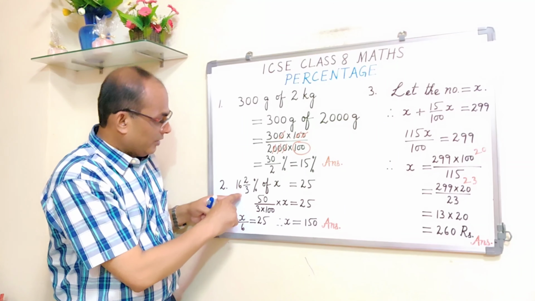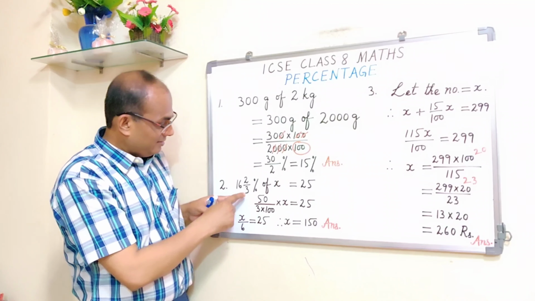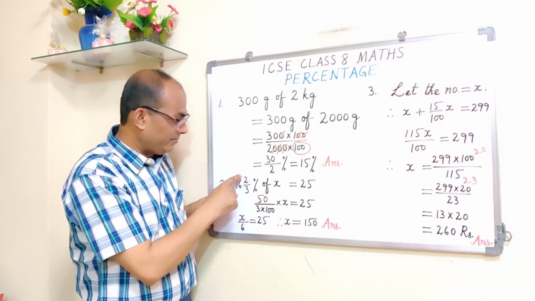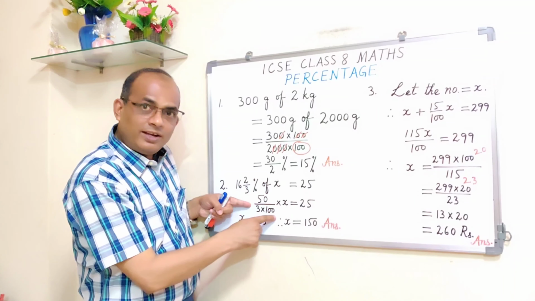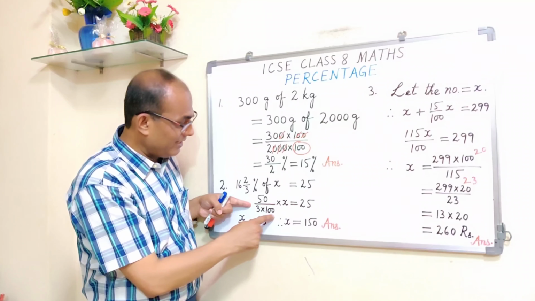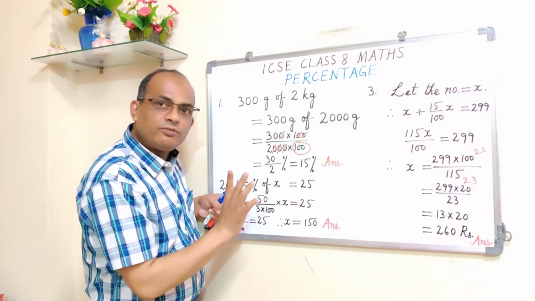Now 16 2/3 becomes 3 multiplied by 16, 16 3s are 48, 48 plus 2 is 50. So 50/3, and percent means 100. So 50/3 into 1/100 of x is equal to 25.